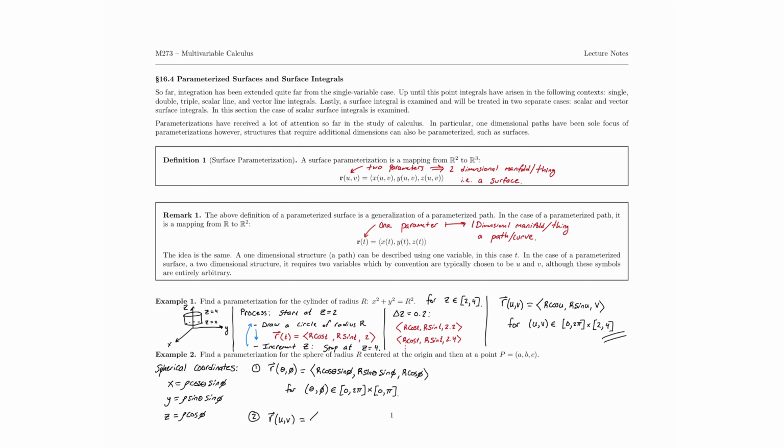So this would be essentially the same parameterization. It doesn't matter which one you pick, but I always stick with the same idea where I use u as my theta and v as my phi.